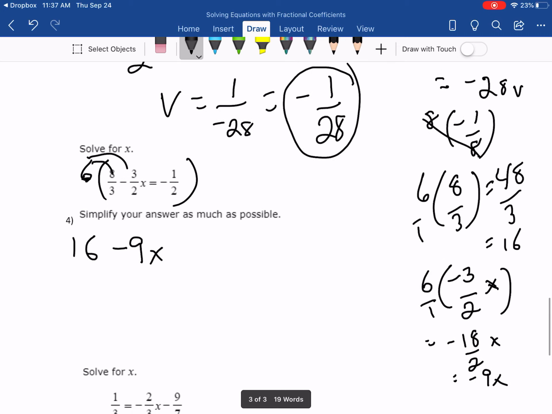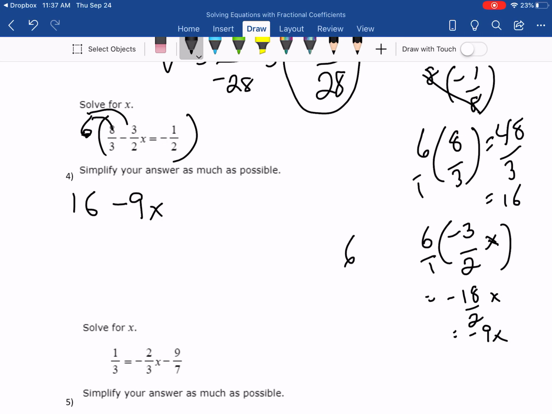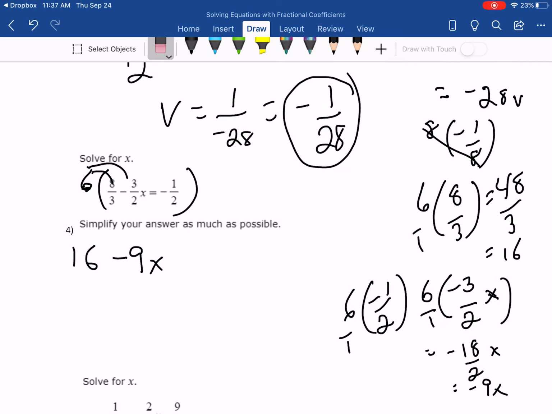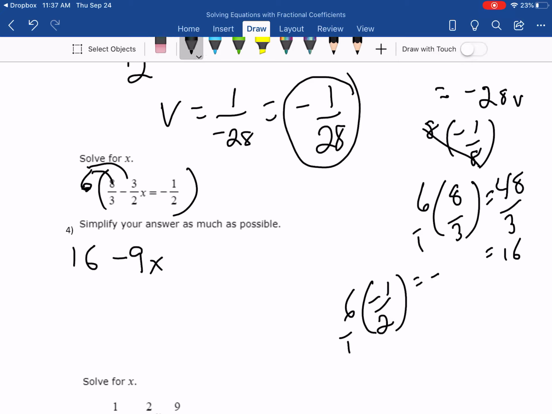And then 6 times negative a half. So that is negative 6 over 2, which is negative 3. Okay, so see we've eliminated the fractions. We'll solve for x now.